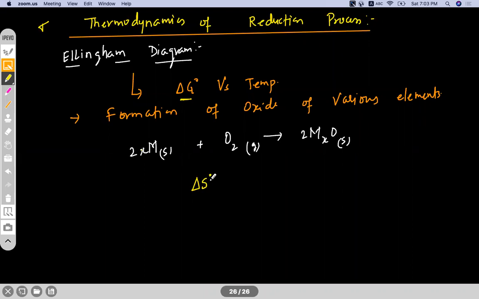Less than 0. Since gas has more entropy than solid and gas is converting into solid, the entropy change is negative.